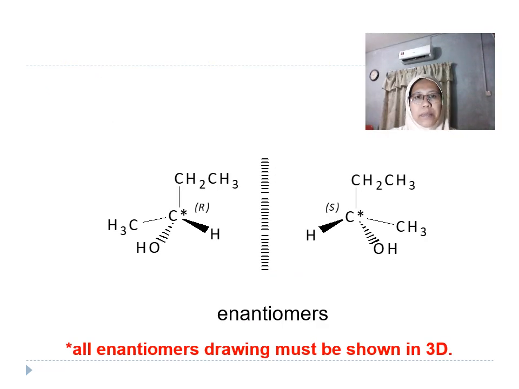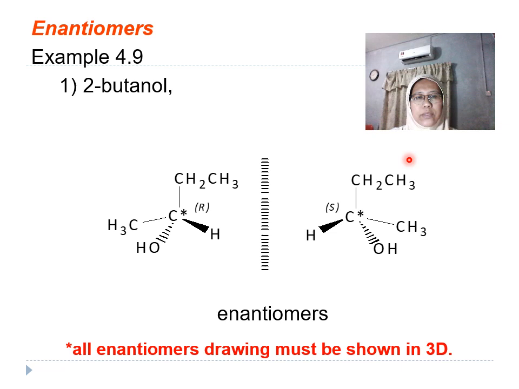This is an example of an enantiomer whereby the molecule selected is 2-butanol. The carbon in the middle here is labeled with a star, and R and S also stand for dextrorotatory and levorotatory.